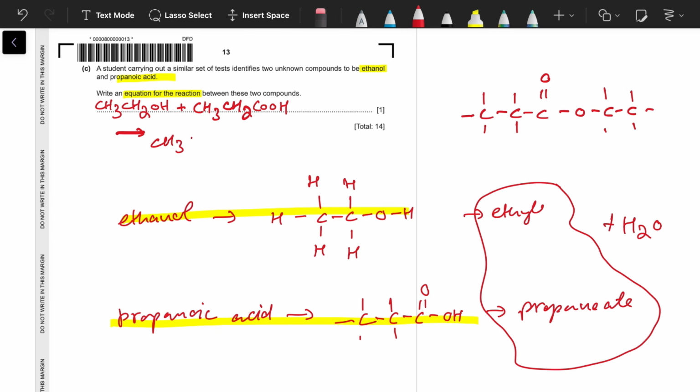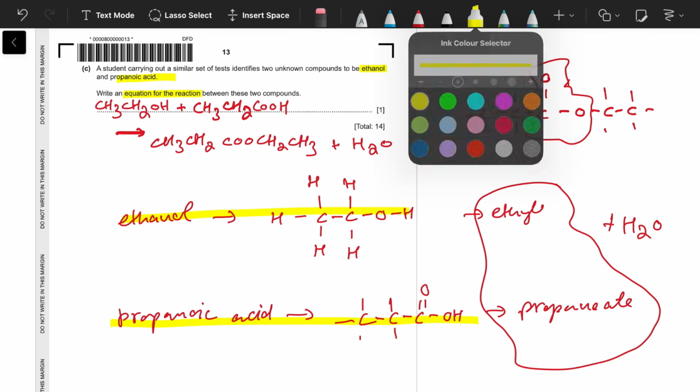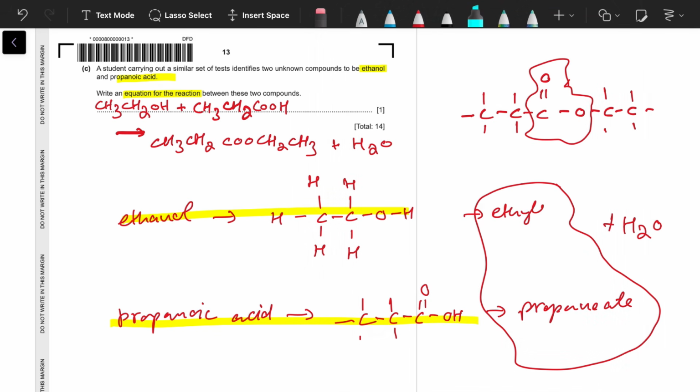It just looks like CH3CH2COOCH2CH3, this being the COO ester link, plus a water molecule, because as you can see, a hydrogen has been knocked off here, and our OH has been knocked off here, so we end up with 2 hydrogens and an oxygen to form our water, and that is it.